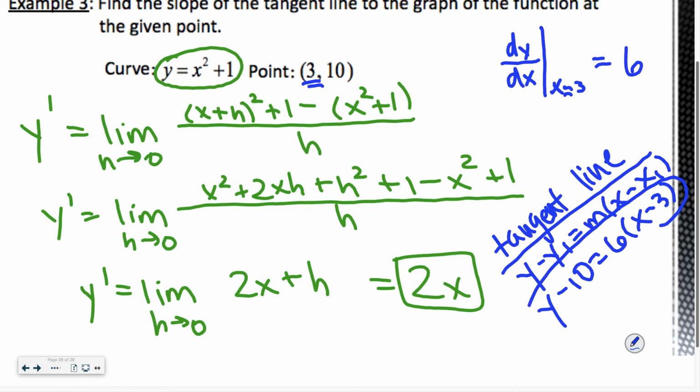Boom, there's your tangent line. So we found the specific slope based on the point and plugged it in, and that's our slope for the tangent line. End story.